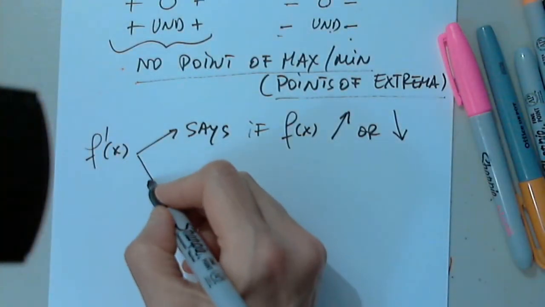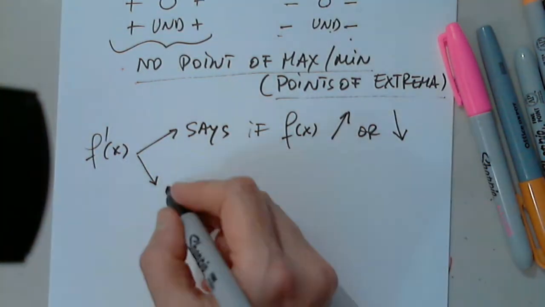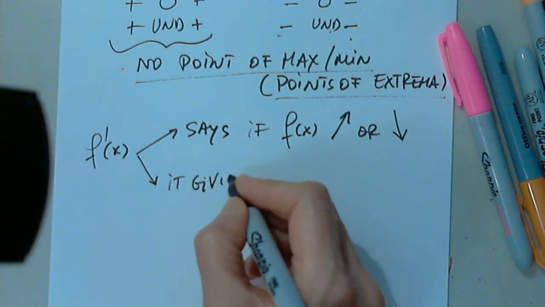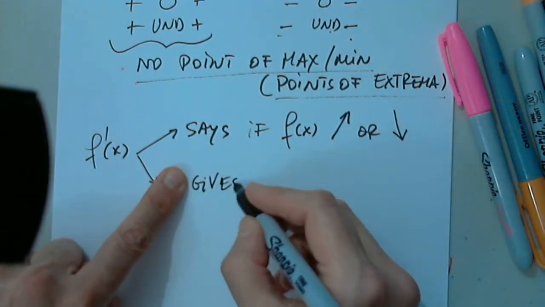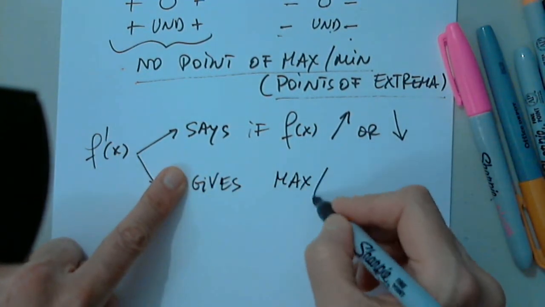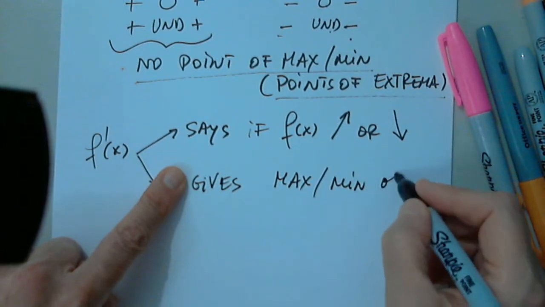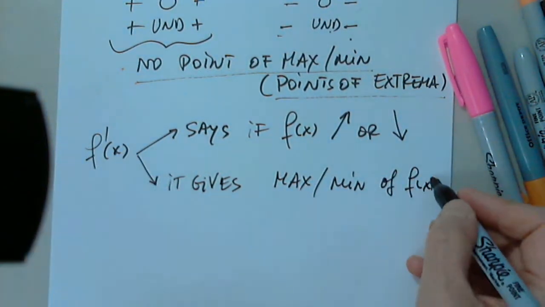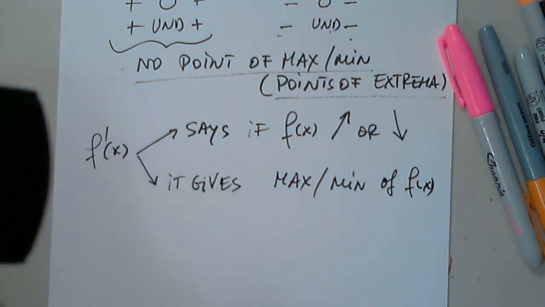And number two, it gives max min of f of x. So two things we learned from the first derivative. We learn when the function is increasing or decreasing, and we also learn if the function has a max or a min.